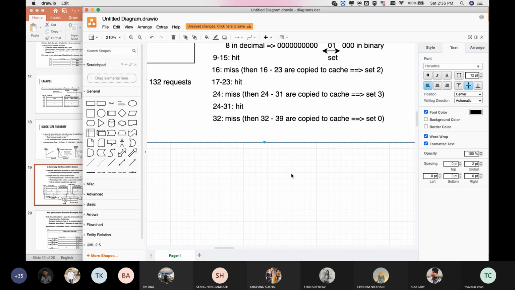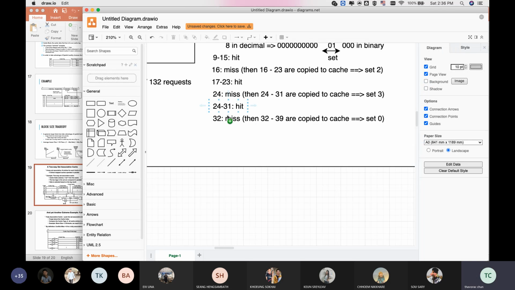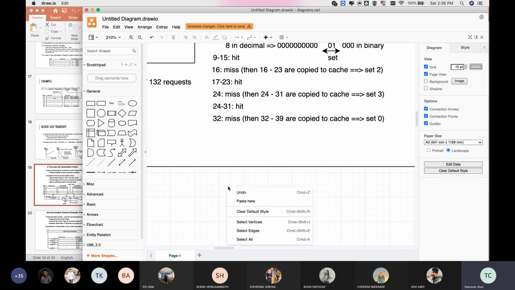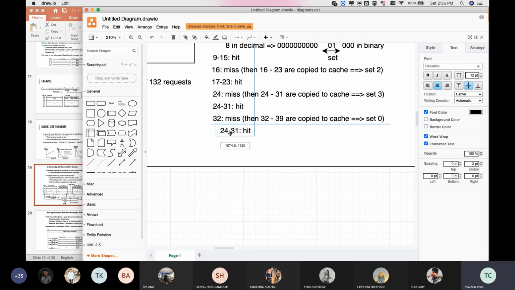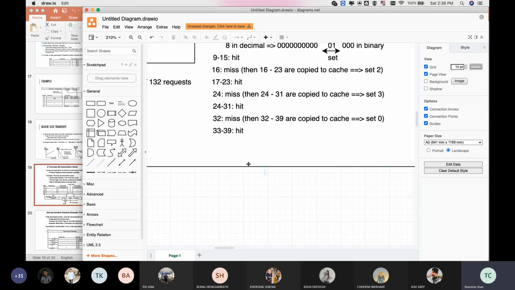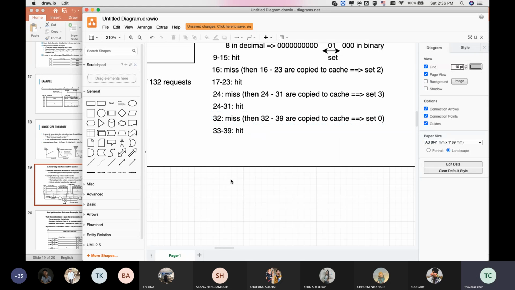Okay, and then the address 33 to 39 are hit. Okay. And then the address next should be 40.